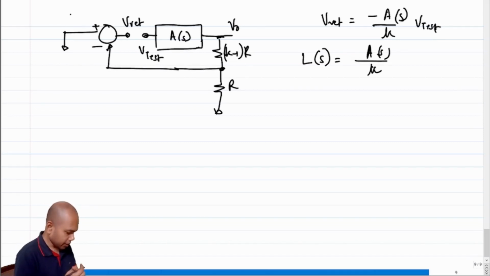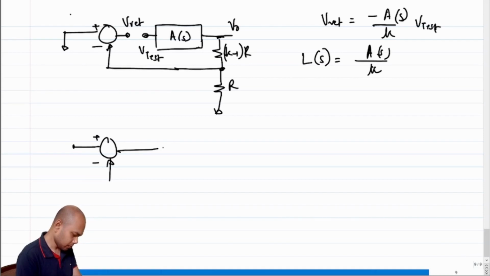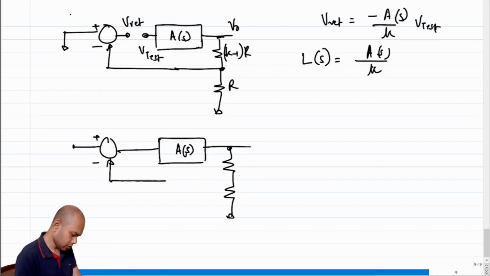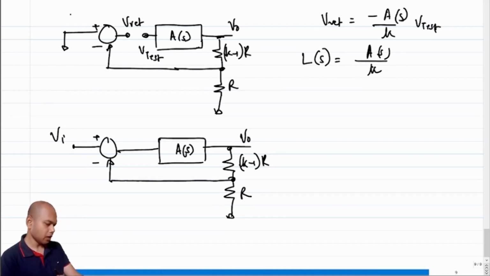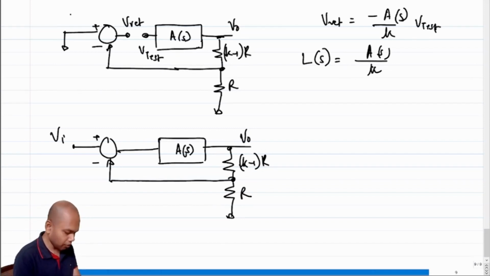Right? Okay, great. So now let's go back to whatever we were planning to discuss. Let's say we found out the loop gain, and somehow we have found out the phase margin.